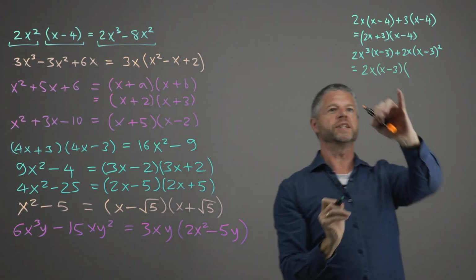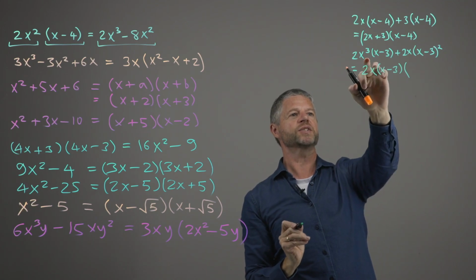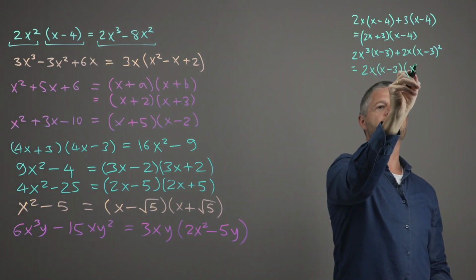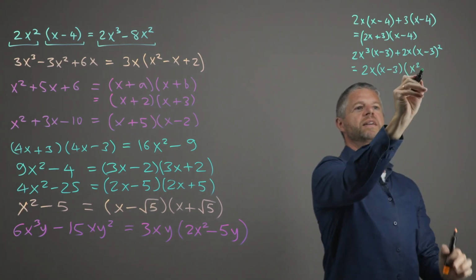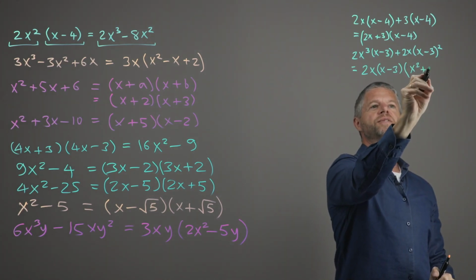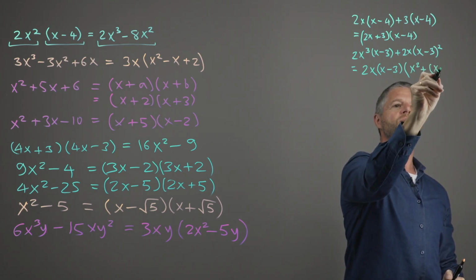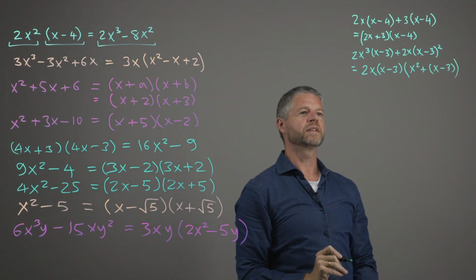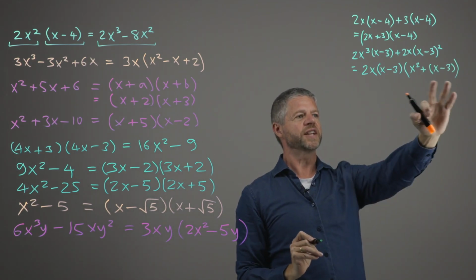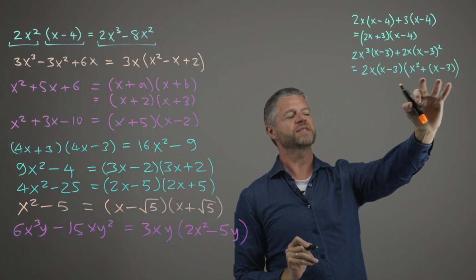And then I need to multiply by x squared for the first term and by x minus 3 for the second term. And that's as far as I go. I can't factor this any further.